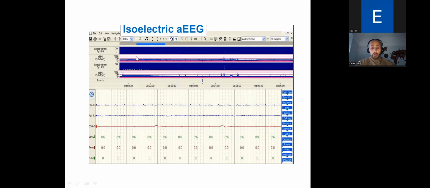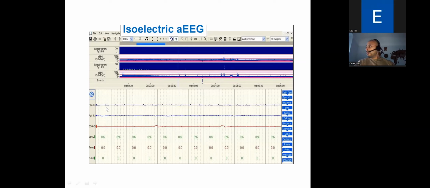It's all completely blue, so they're really slow and extremely flat. And if you look at the raw EEG, it's almost completely flat. You can see these slight blips here, and the red line at the bottom is representative of an ECG. So these slight blips are actually picking up the ECG. The brain activity is so flat that it's picking up ECG activity.